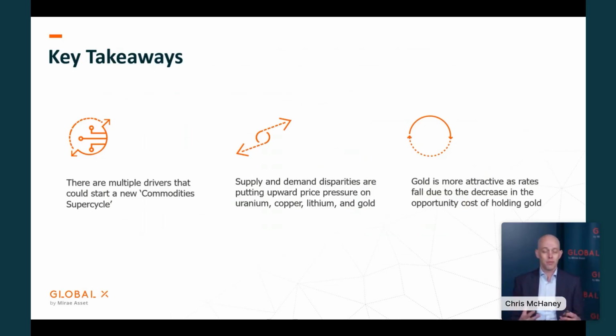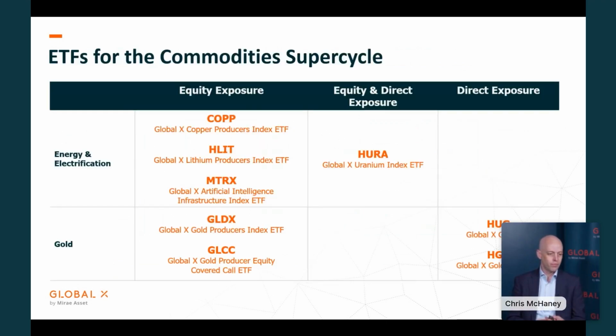Generally, we see those as buying opportunities for those that want to take advantage of this commodity super cycle and participate in what we think is this long-run increased demand from newer demand sources that are going to increase prices of these commodities and therefore the equities that benefit from them as well.